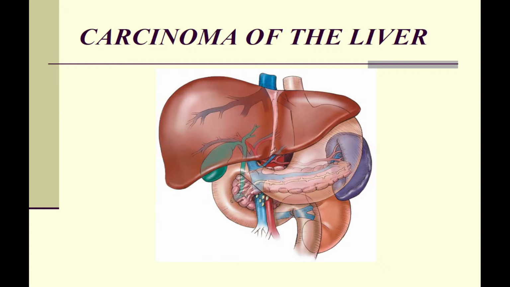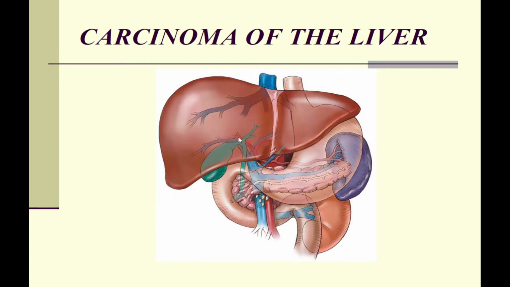Anatomy of the liver. Three lobes: right lobe, left lobe, and middle lobe. The blood supply of the liver is from the common hepatic artery, which divides into two arteries, right and left hepatic arteries.